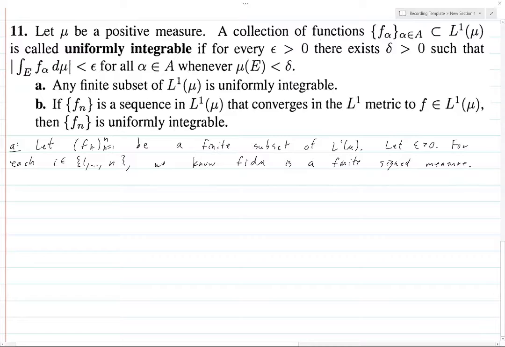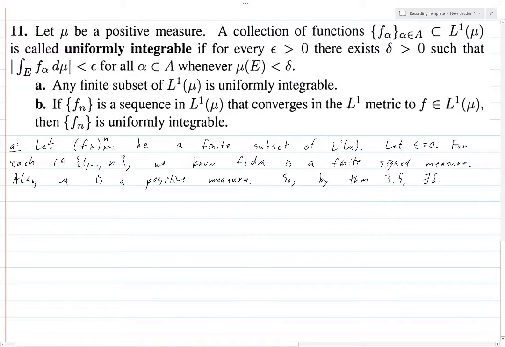We don't really know much about where these functions are mapping, or at least it's not stated in the problem, but I think it's safe to assume for our purposes that these functions all are nice and they map into R. So it's a signed measure and it's finite because the function f_i is in L1. Also mu is a positive measure. And so we are going to apply theorem 3.5.